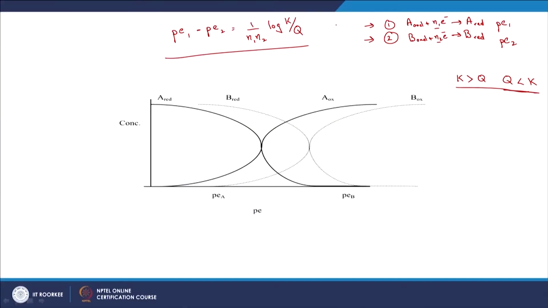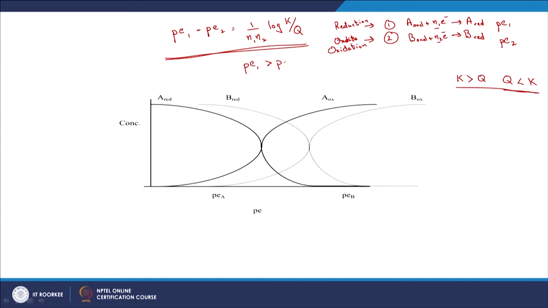And how did we write this equation? If you remember, we said that this would proceed as reduction, and obviously it is negative here, so this we considered would proceed as oxidation. Then we came up with this relevant equation and looked at the relevant K and Q values, and from this relationship we can see that this term is positive when PE1 is greater than PE2.